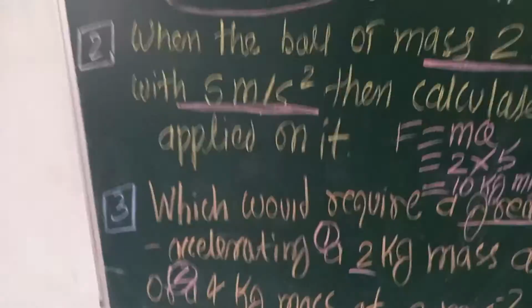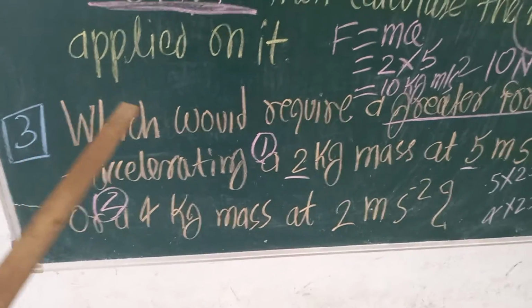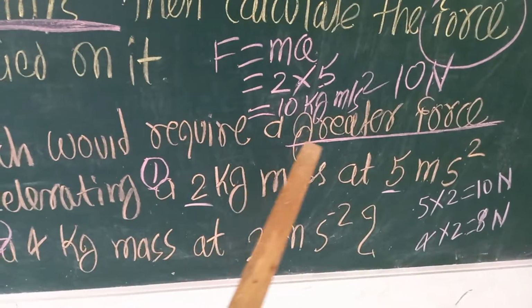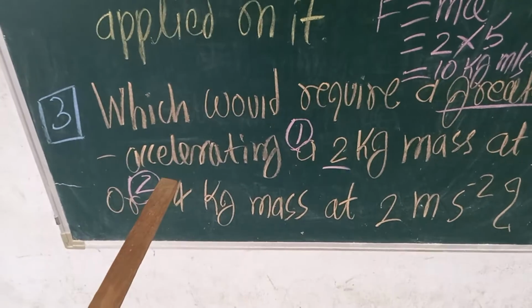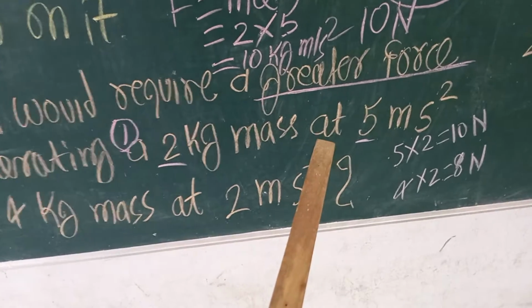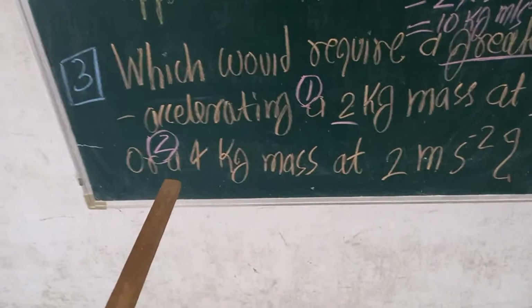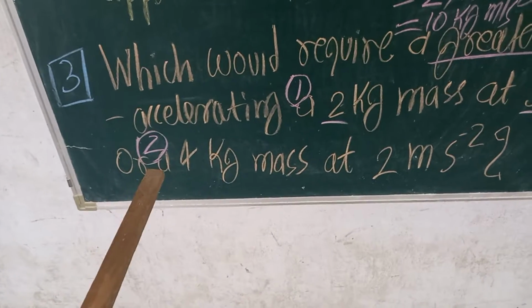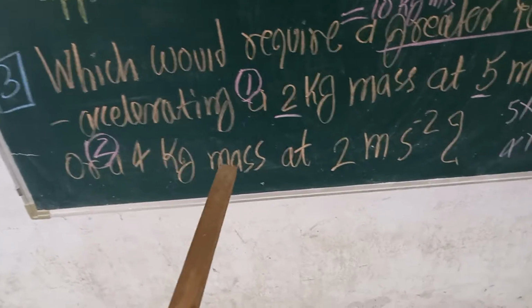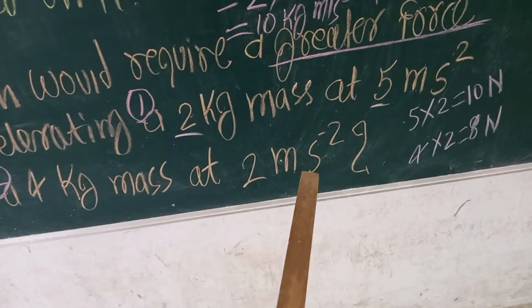Okay. Now the next problem: which would require a greater force, accelerating a 2 kg mass at 5 meter per second square, and second condition, 4 kg mass at 2 meter per second square.